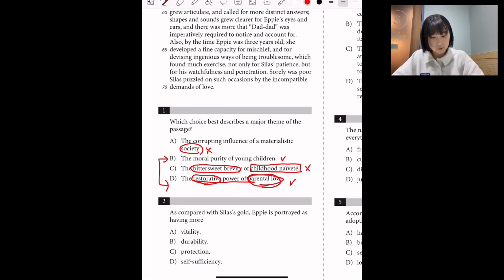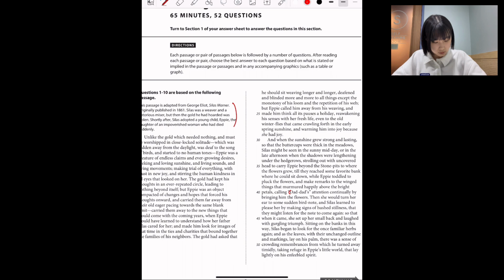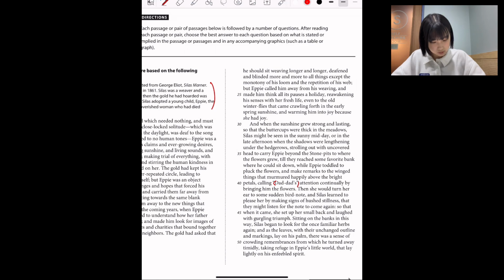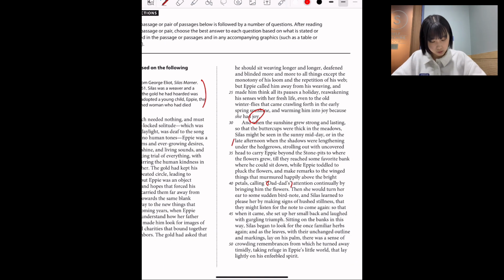The moral purity of young children, we're going to see in the passage. We could see a lot of allusions to childhood here, and just joy, and in the interaction with Silas as well.